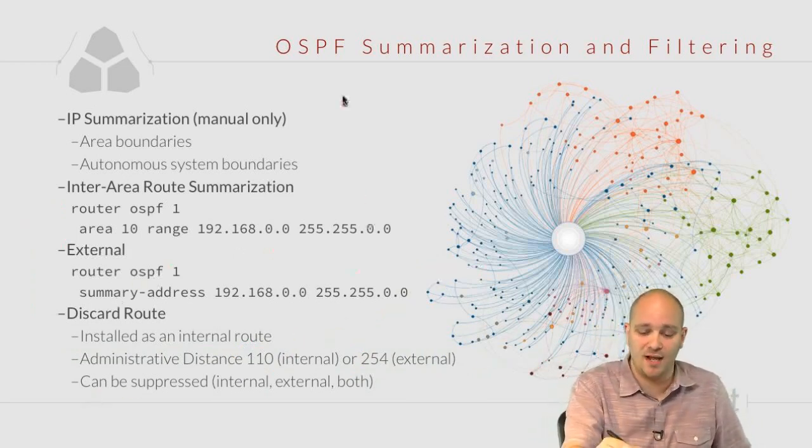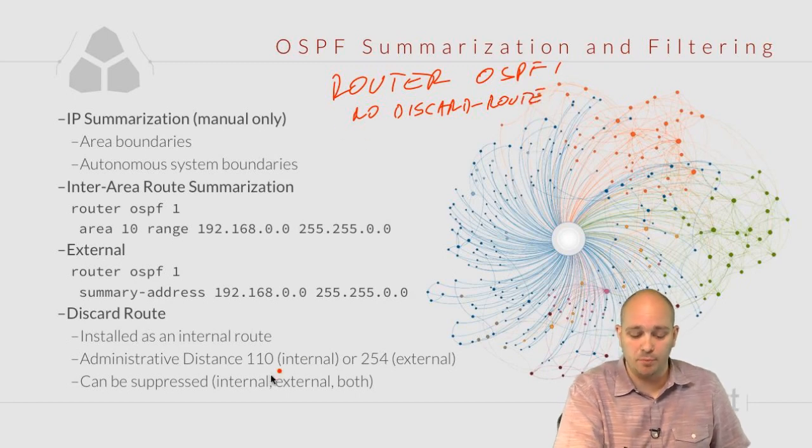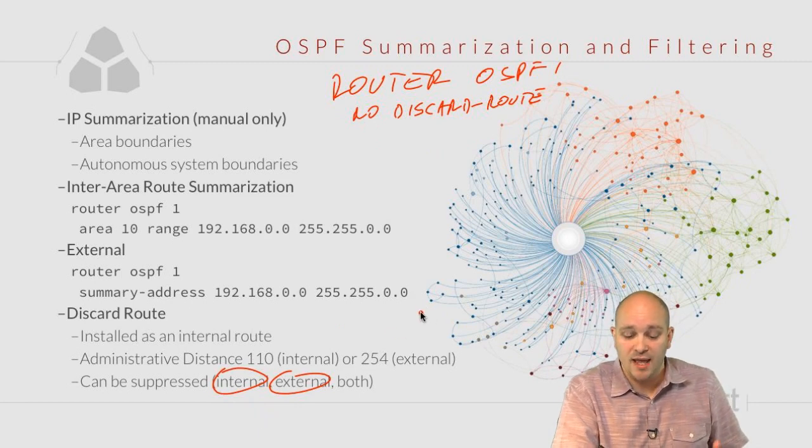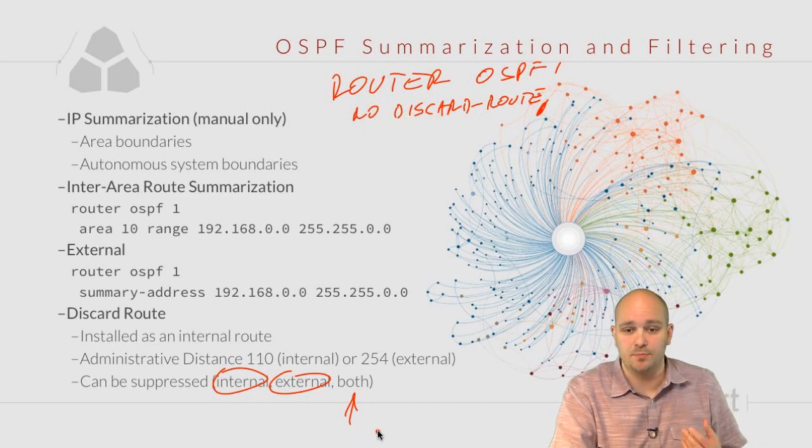The syntax for that is under the OSPF process. You would go under router ospf, let's say 1, and simply say no discard-route. With this, we are going to suppress both internal and external discard routes. So if I press enter here, I'm suppressing both.